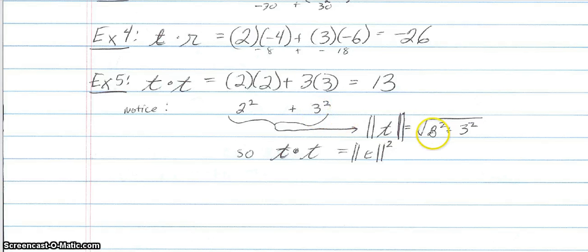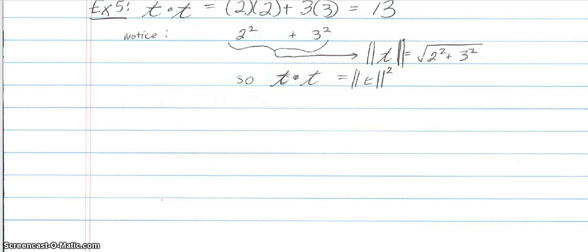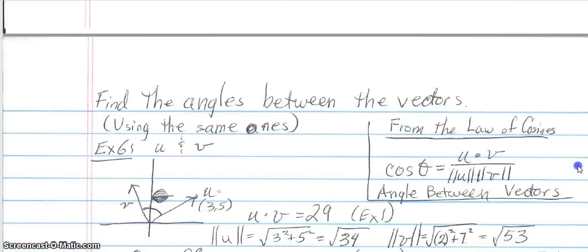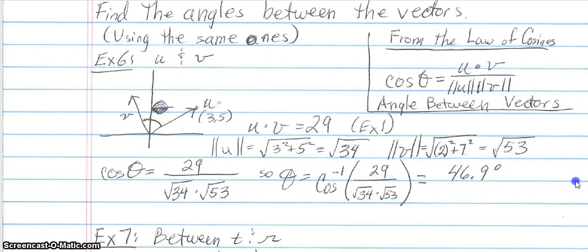Oh yeah, if we took the square root, that was our magnitude. So the dot product of a vector with itself is the square of the magnitude.